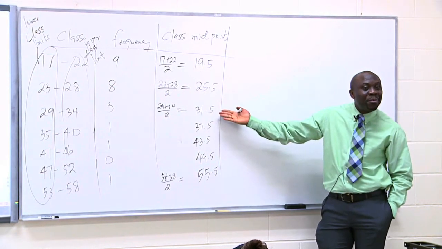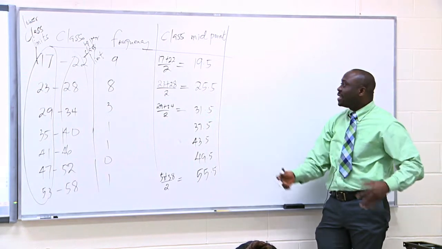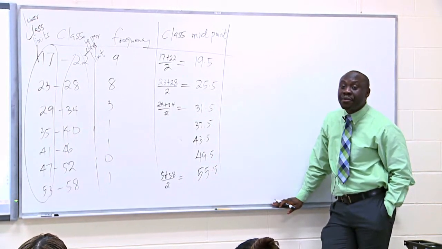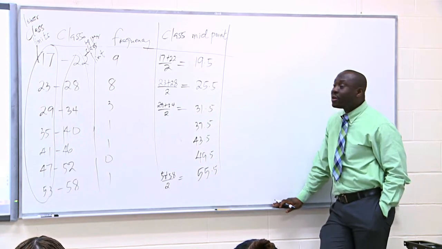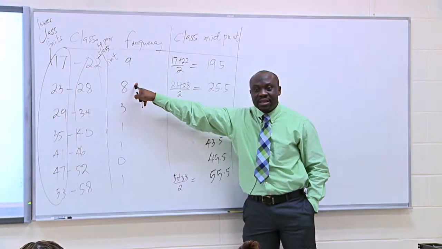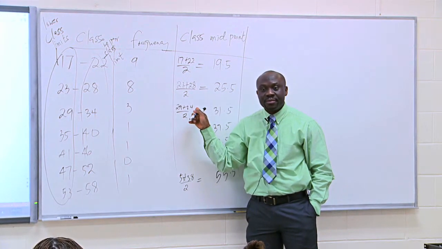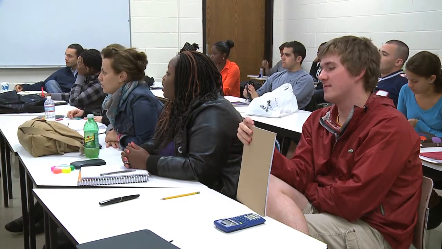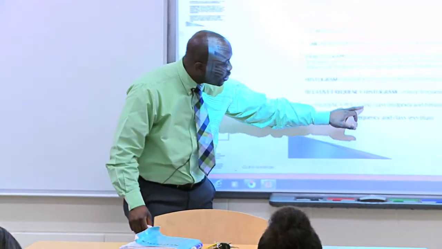Now, why the class midpoint? Why does it come in all of a sudden? It's simply because there is a graph called the frequency polygon. In order to draw the frequency polygon, you will need the class midpoint and the frequency. That's why we're looking for that. So if I take you to that slide, the frequency polygon is down here.